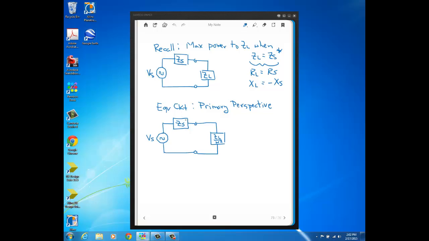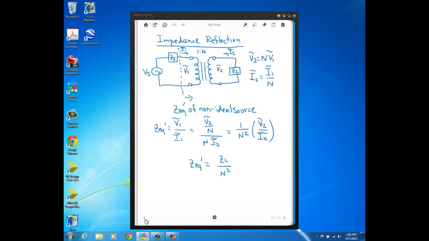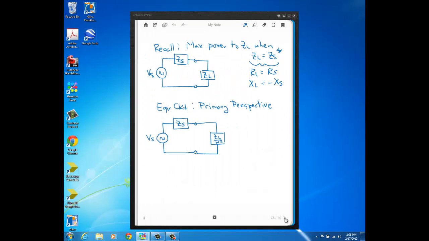Now, we can write what's called the equivalent circuit for the primary, and this shows what that circuit would look like, where we're replacing the transformer and ZL, so we're replacing everything to the right of the dashed line where the non-ideal source is with the equivalent impedance, which is ZL over N squared.